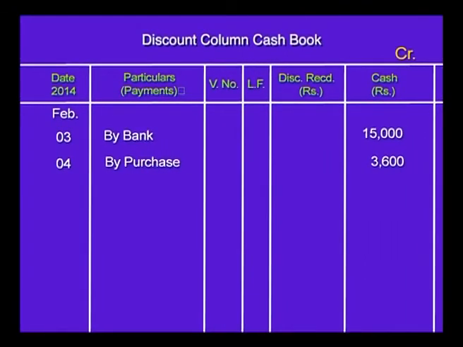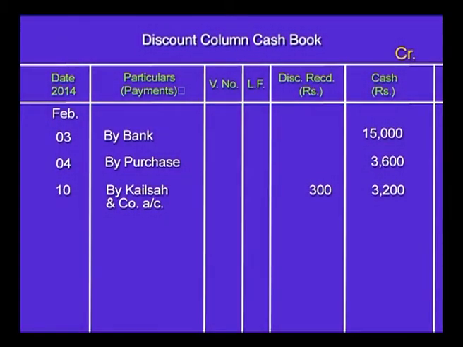Let us see how this transaction is written in our cash book. Come to the credit side of the cash book as it is a payment. See the date, February 10 is mentioned. You are making payment to Kailash Co, the supplier. So, in the particulars column, note that by Kailash Co is mentioned. The amount of discount is appearing in the discount column, representing you have received a discount of 300 rupees, and the cash that you paid was 3,200, that is mentioned in the amount column.